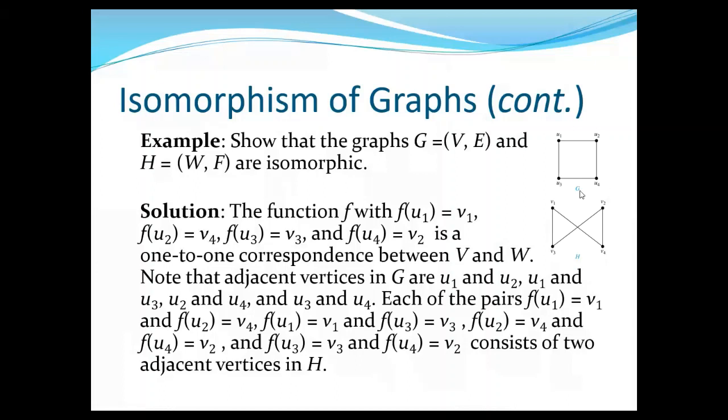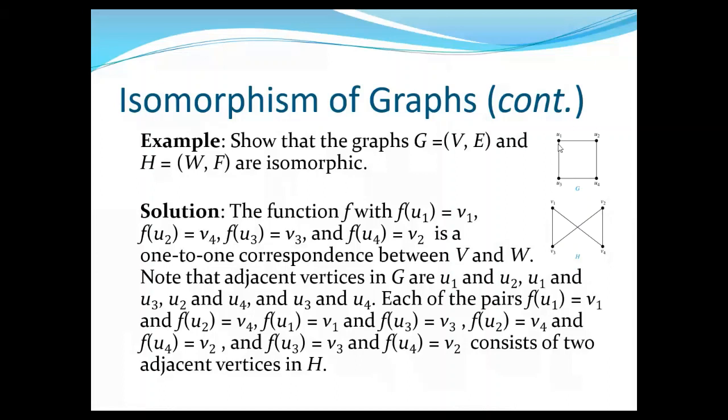So in this graph, V2 is equivalent to U4. V3 is connected to V2, and U3 is connected to U4. So this is the equivalent of this edge in this graph.